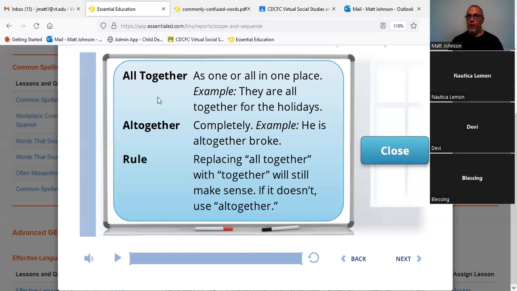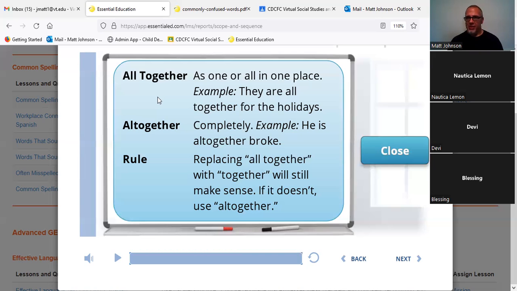So that's one way to know whether or not you're using it right. He is altogether broke, right? So completely, you can't say he is together broke, right? That doesn't make sense. So there you can kind of see the difference. So altogether, AL as one word, meaning something is complete.